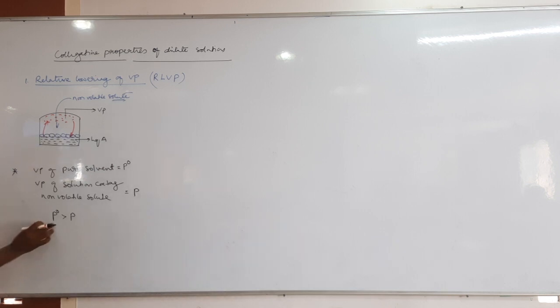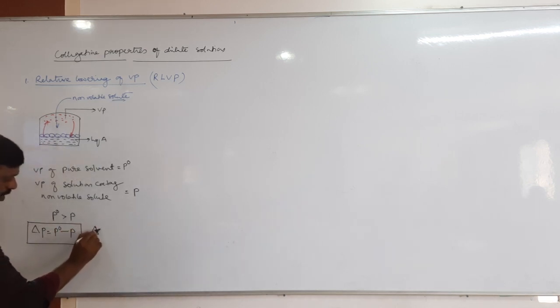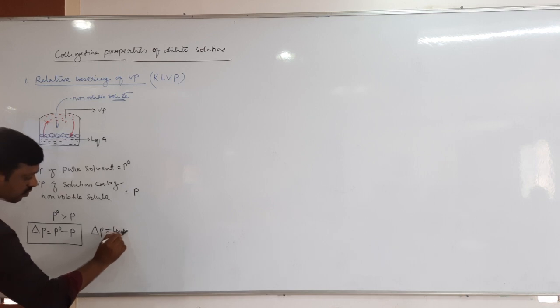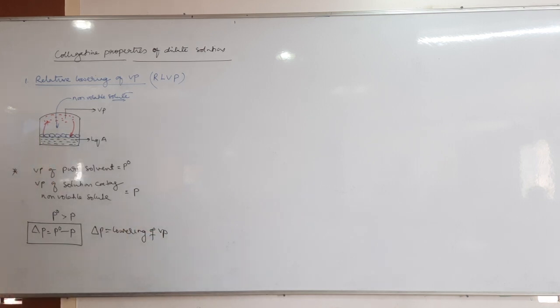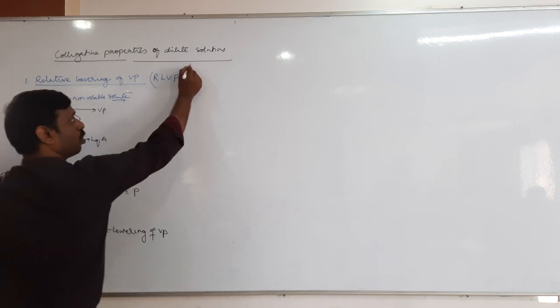Okay. Now, since P0 is greater than P, I will take P0 minus P. The difference P0 minus P is called delta P. What is delta P? Delta P is the lowering of vapor pressure. Then tell me, how do you define the lowering of vapor pressure?